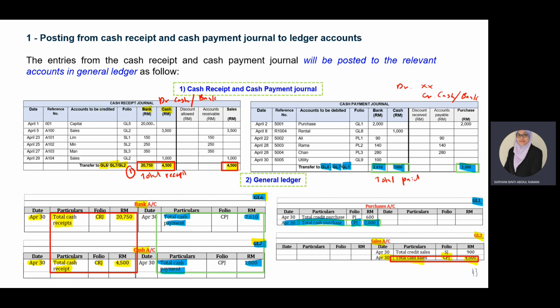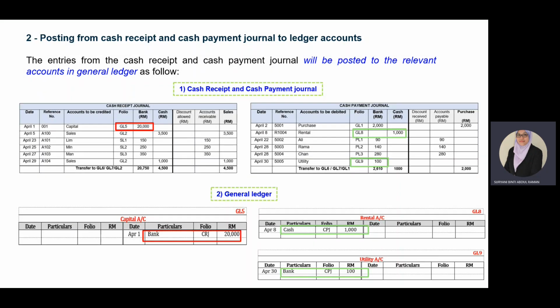For example, this one. Rental, Ali, Rama, Shan, utility. So the answers are as follows. Okay, so you can see the steps here. We debit cash, we credit capital.